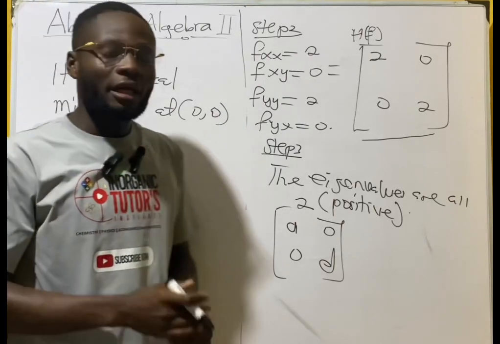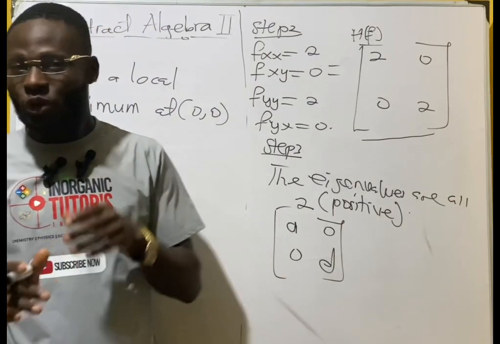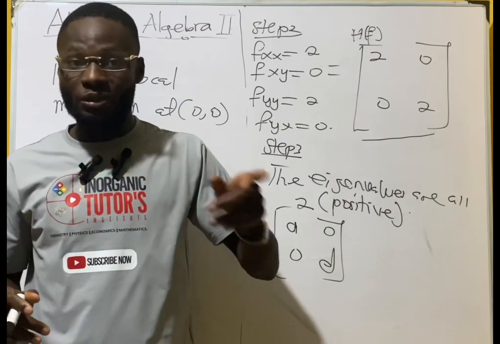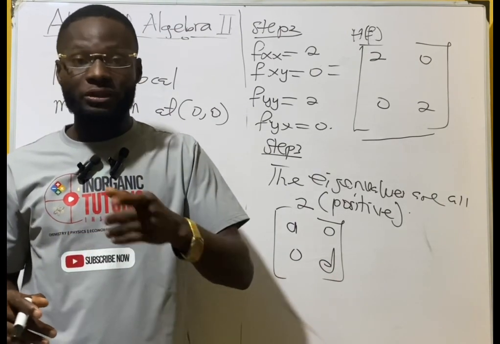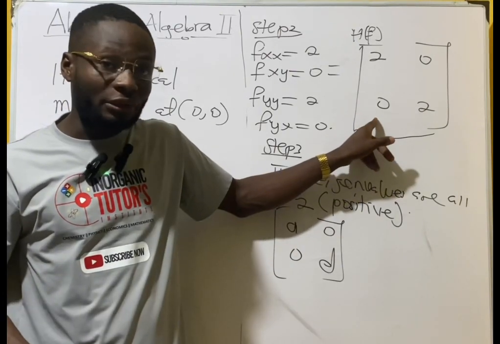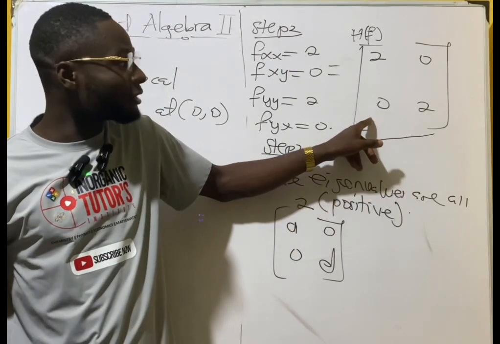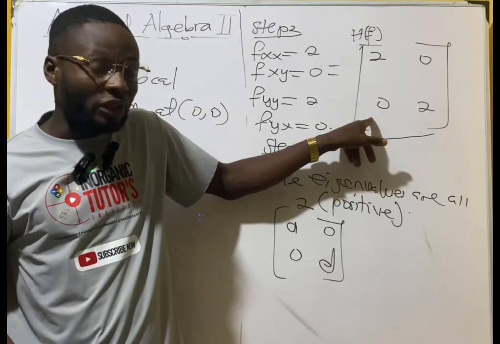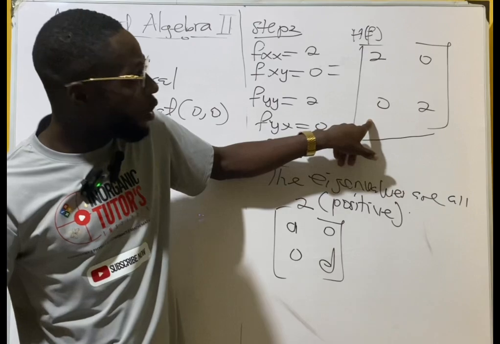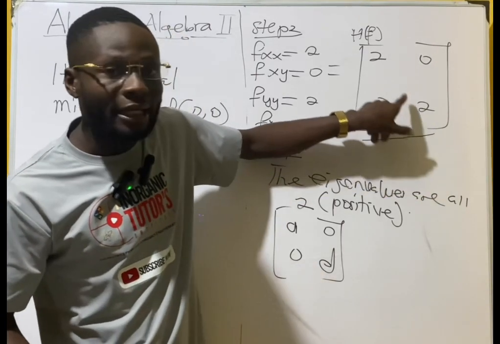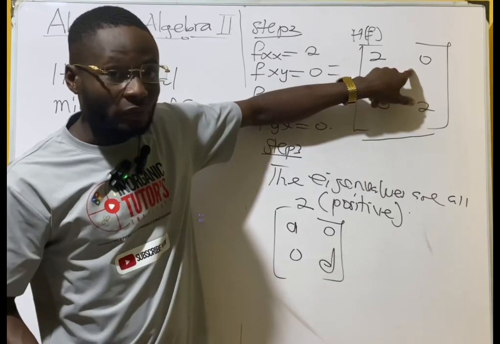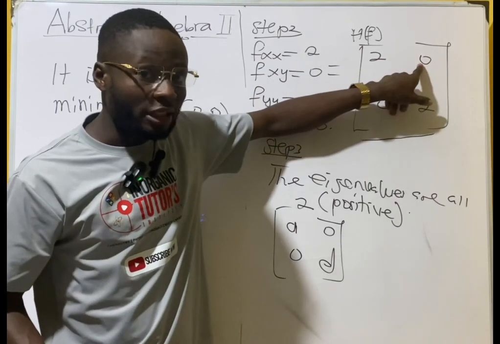So once again, don't stress yourself finding the eigenvalue to determine whether it's a local minimum, maximum, or saddle point. Note, a diagonal matrix is a matrix that has non-zero entries at the main diagonal, but the off diagonal are all 0, right?